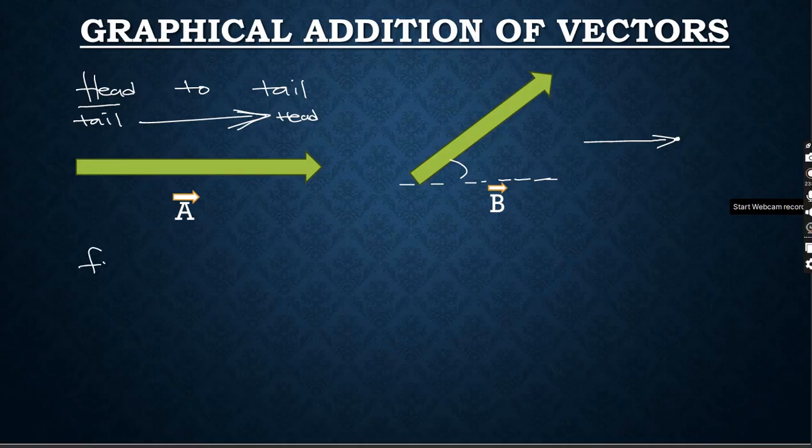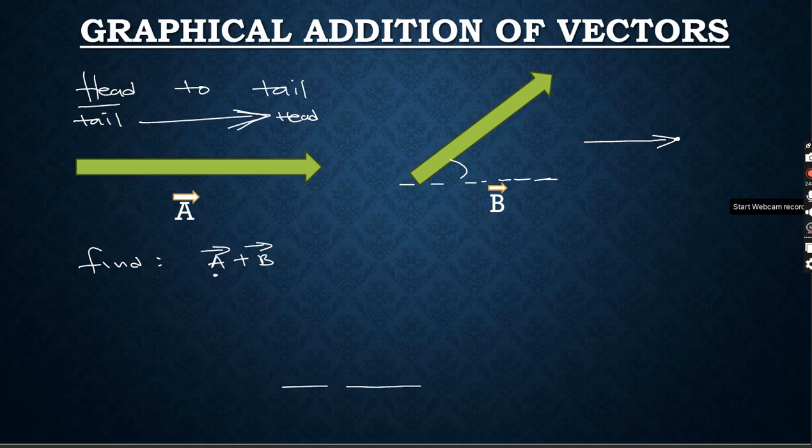So let's say I've been given to find A plus B. What is our A plus B using the graphical method? The graphical method, guys, doesn't require us to do any calculation. We just go ahead and add vectors. The first thing, we start with A because A is the first vector given.